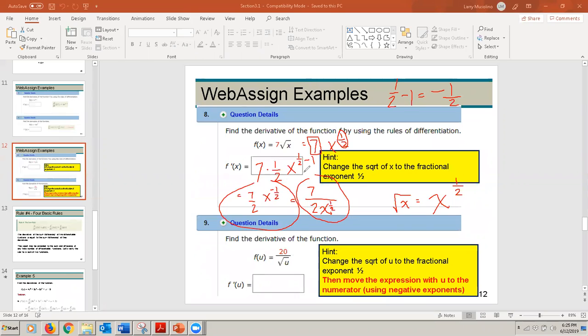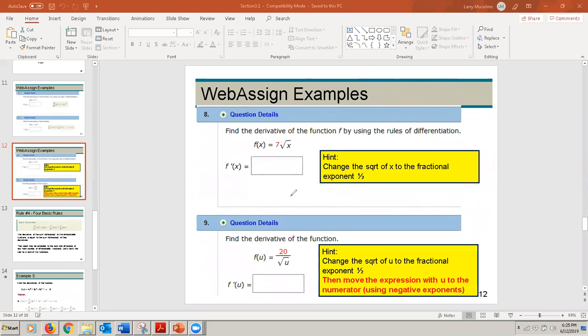I'm going to this bottom example. It's 20 over the square root of u. All right, again, I want to get rid of square roots and change to fractional exponents. So the way I'm going to write this is first change the square root of u to be u to the 1/2.